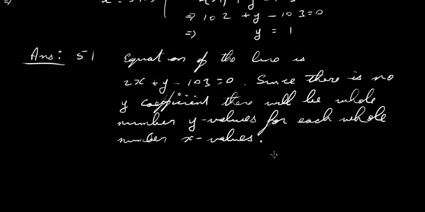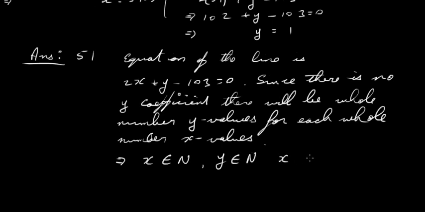So in other words, for every x an element of N, there will be y as natural numbers as well.